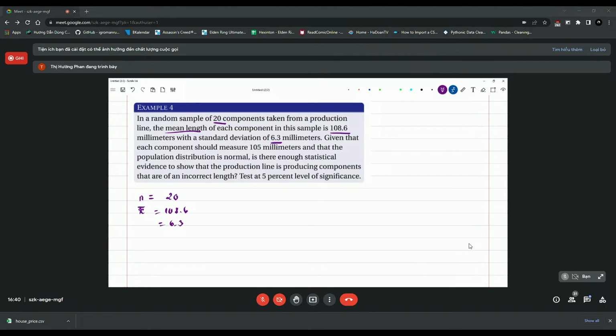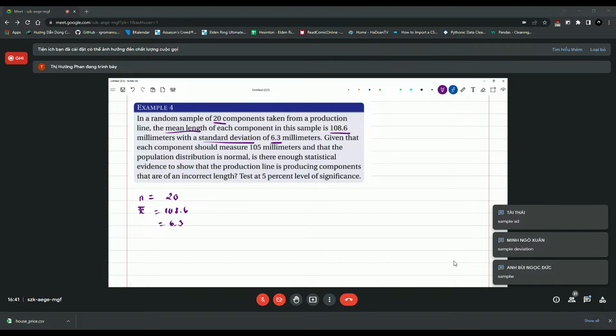And similarly, 6.3, is this the sample standard deviation or the population standard deviation? The sample standard deviation, so should I write S or sigma?